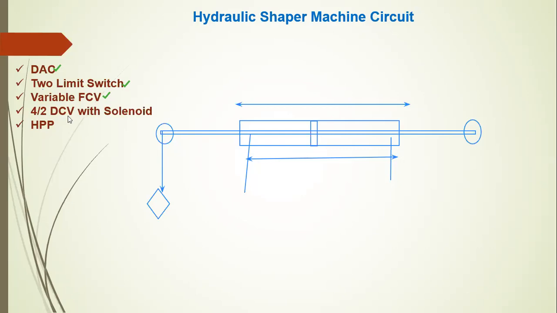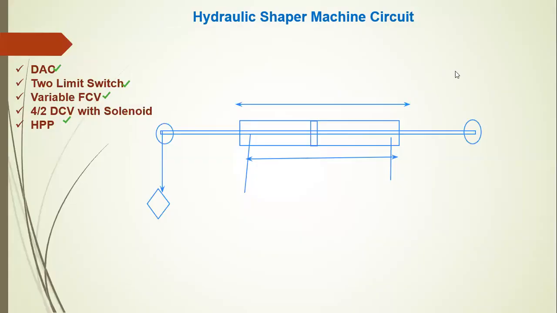Then a 4 by 2 or 4 by 3 direction control valve is required, whichever is needed in this hydraulic shaper machine, and it is operated by solenoid. Because we are using limit switches, which operate electrically, they pass current to the solenoid and the solenoid operates.